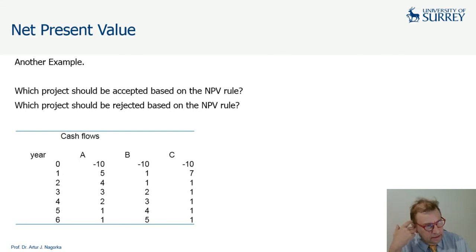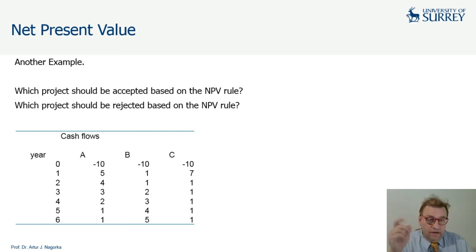and let's say that we have quite a substantial budget, say 30 million, but we want to know if we should invest in these projects: project A, project B, project C. Which one should be accepted based on the NPV rule?